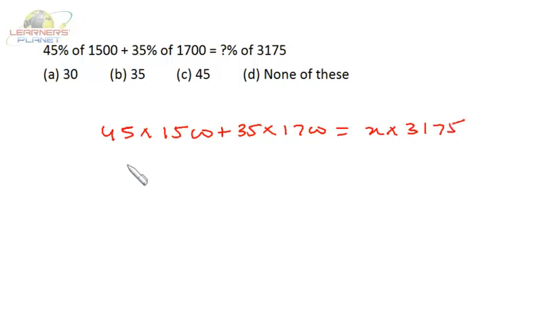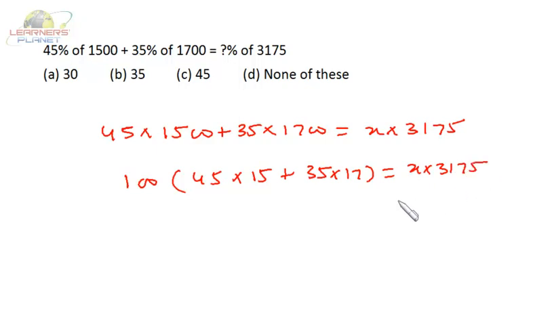Now we can write it like this. It's 100 into 45 into 15 plus 35 into 17, which is x into 3175.